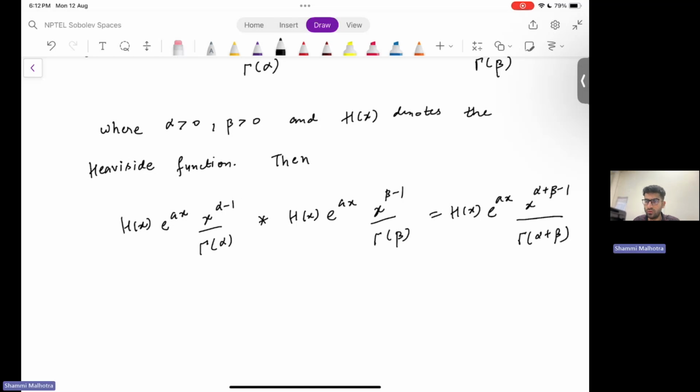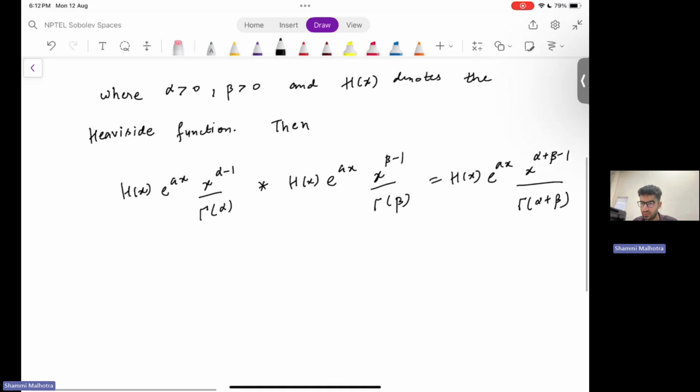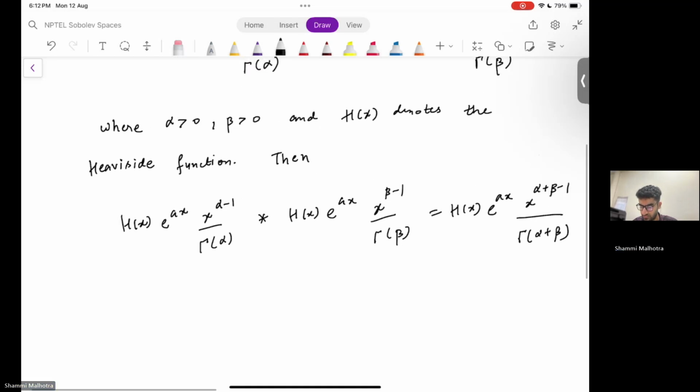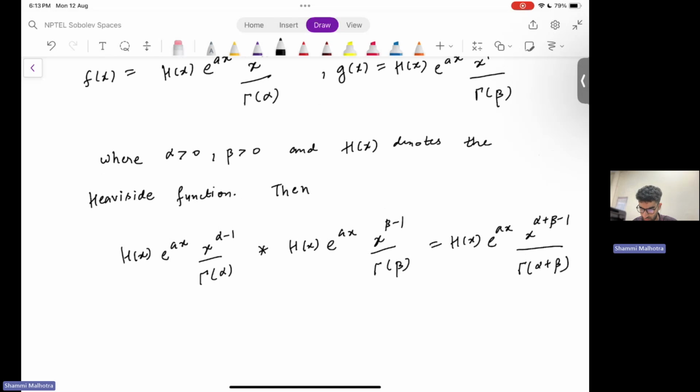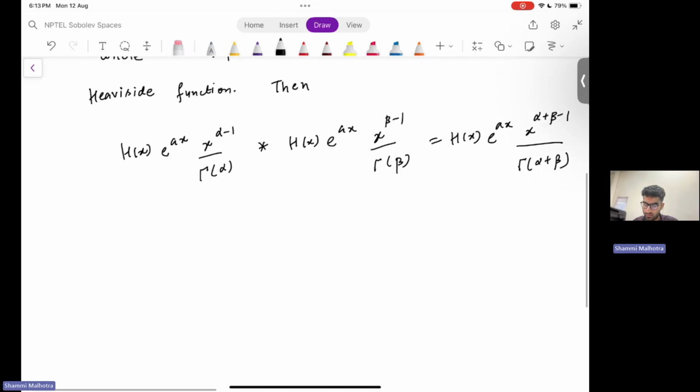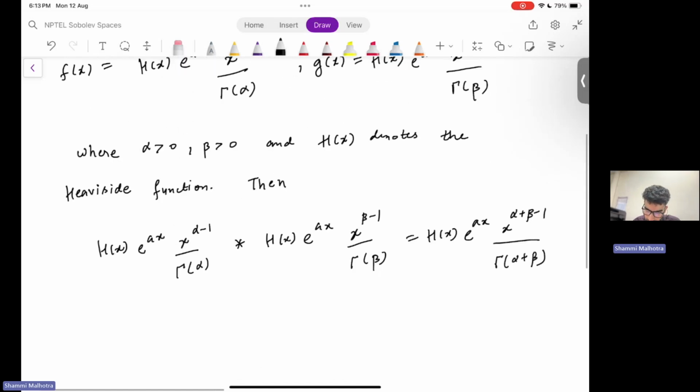This convolution is in the distribution sense only, because these functions are not integrable, so let us do it formally in the distribution sense.